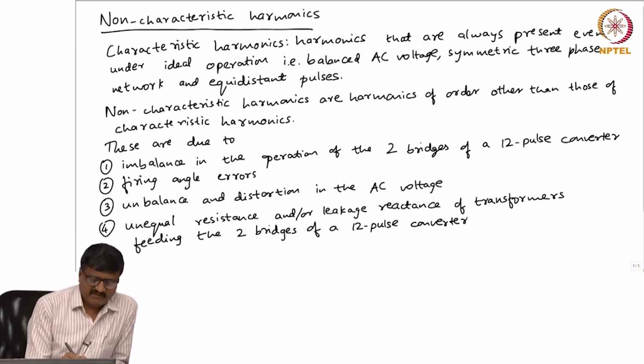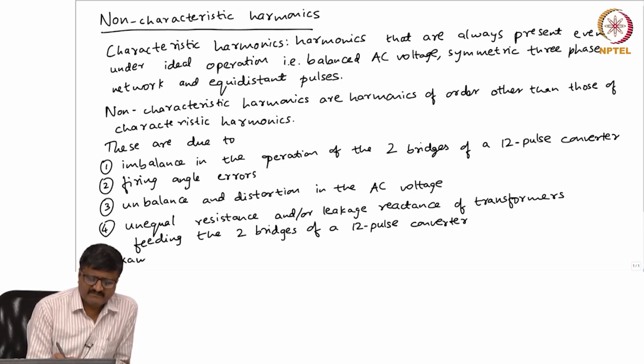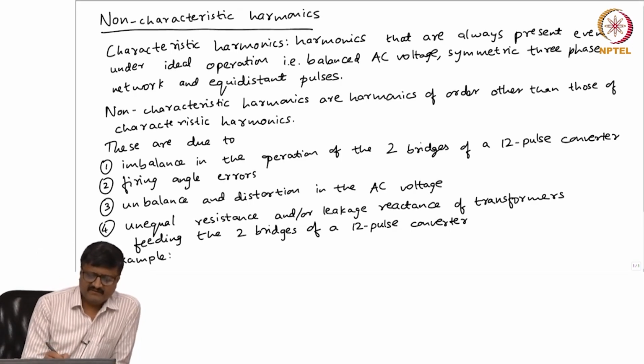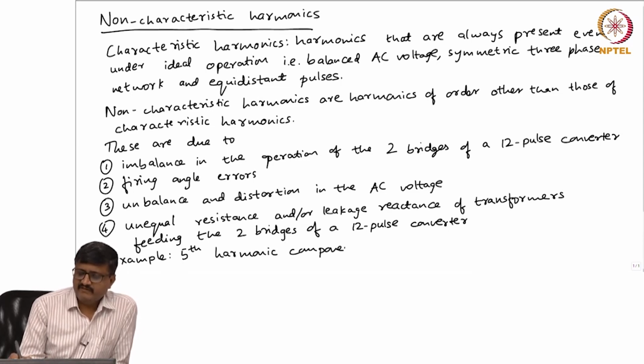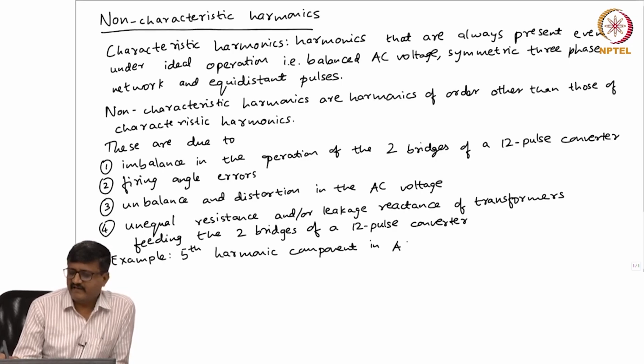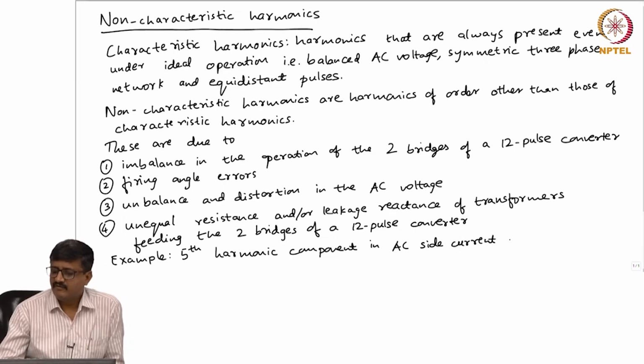So, let me give an example. This is just one example; there can be many other examples. Suppose I have a fifth harmonic component in the AC side current of a 12 pulse converter.